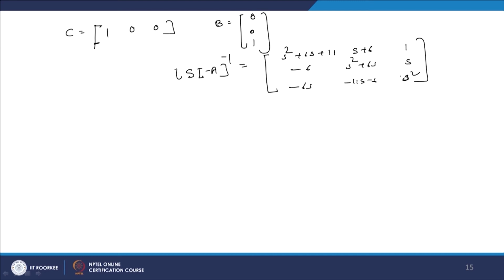Now, the next step is we have to multiply this C sI minus A inverse B.